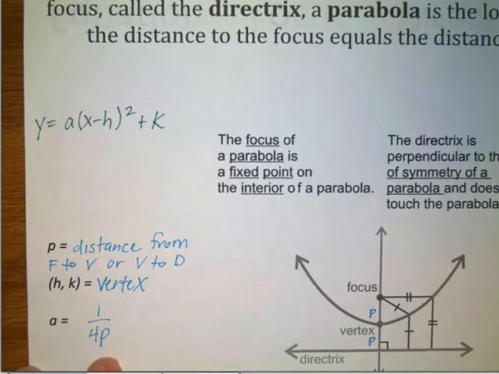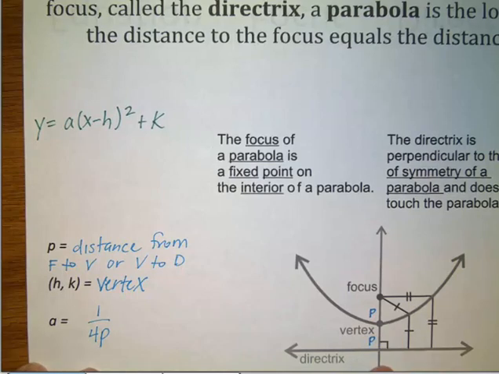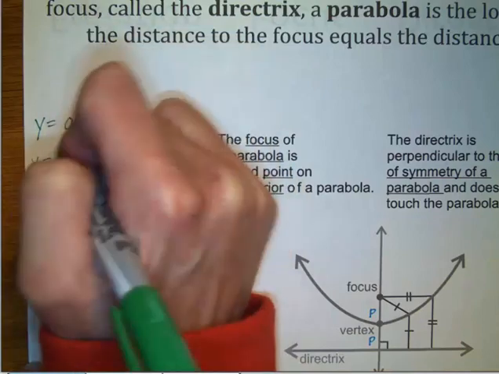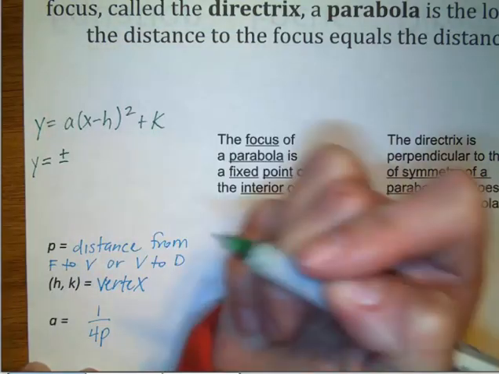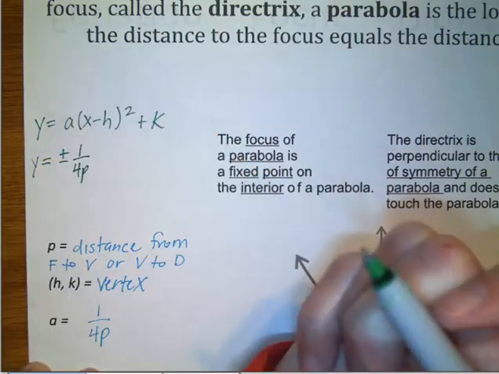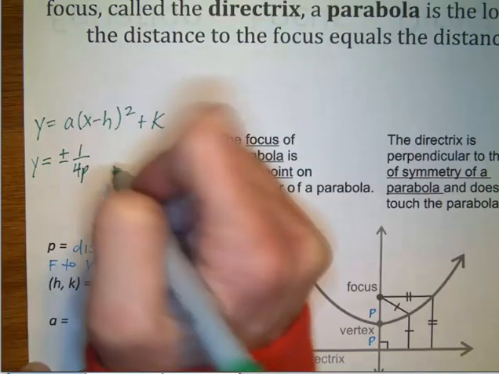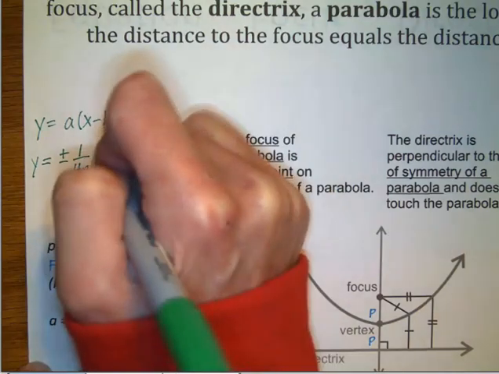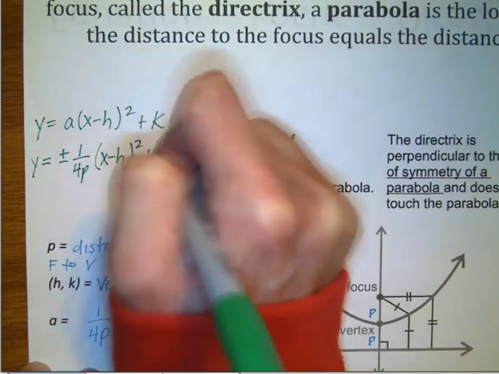What is p? P is the distance between the focus and the vertex, or the vertex and the directrix. So y equals, and remember, a can be positive or negative. That's true. So it's going to be 1 over 4p, positive or negative. And notice that 4p is on the bottom. It's not 1/4 p. It's 1 over 4p times x minus h squared plus k.